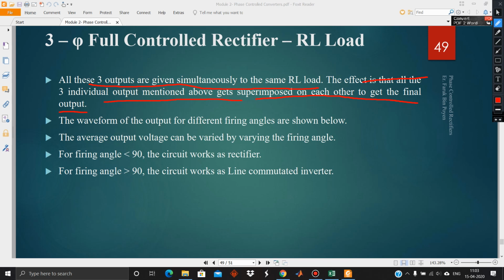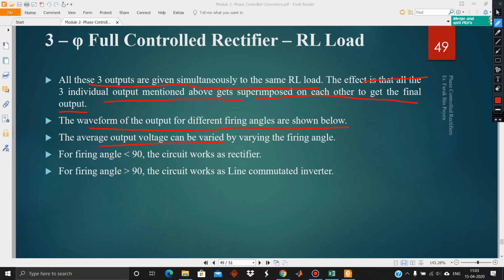That means the rectified output voltage of VAB will be superimposed with the rectified output voltage of VBC, and that will be again superimposed with the rectified output voltage of VCA. The waveform of the output for different firing angles are shown below.